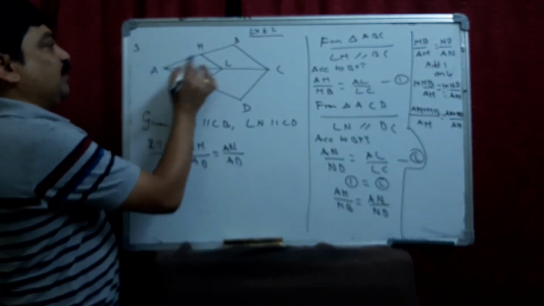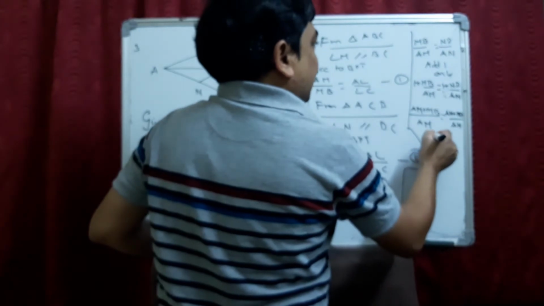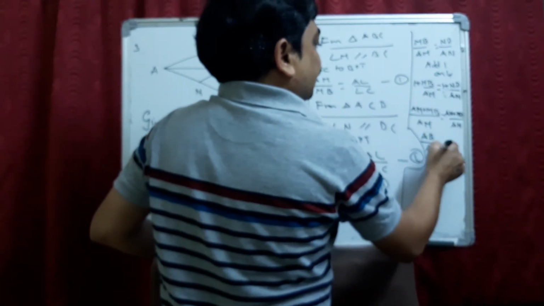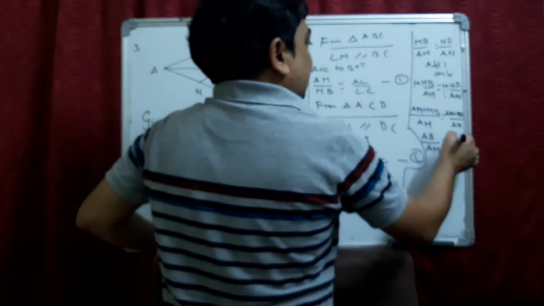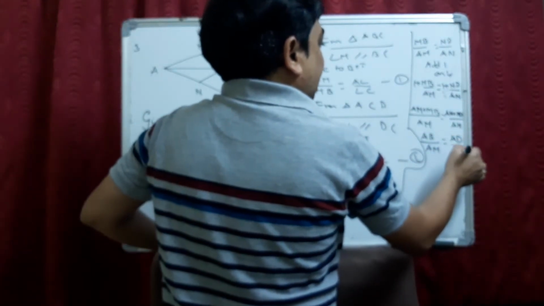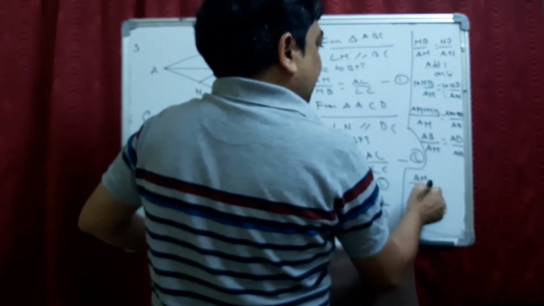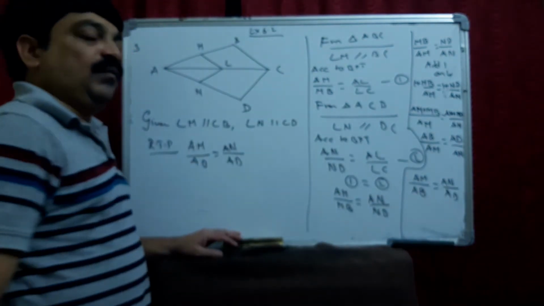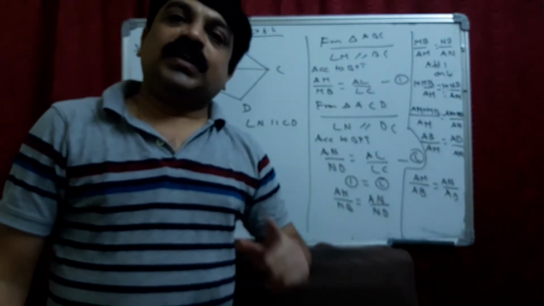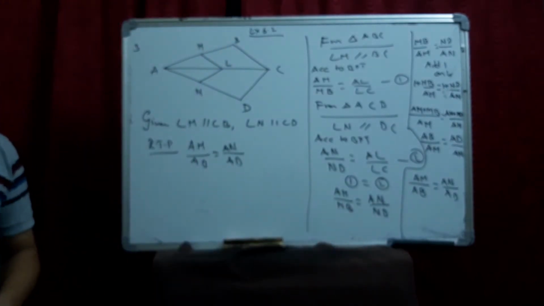Now what is AM plus MB? AM plus MB becomes AB. AN plus ND becomes AD. So AB by AM is equal to AD by AN. Now you take the reciprocal again. It becomes AM by AB is equal to AN by AD. See, after getting the proof, we have to take the reciprocal, add 1 on both sides and then again take the reciprocal. Okay.